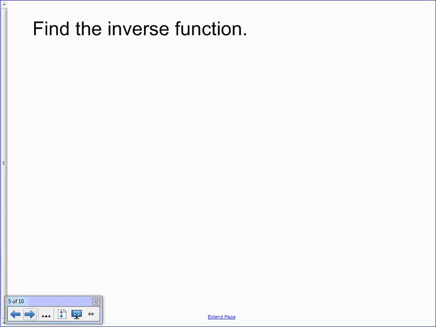Find the inverse function. We're going to find the inverse function for log base 1/8 of x.